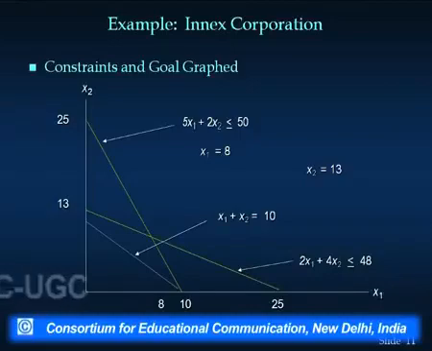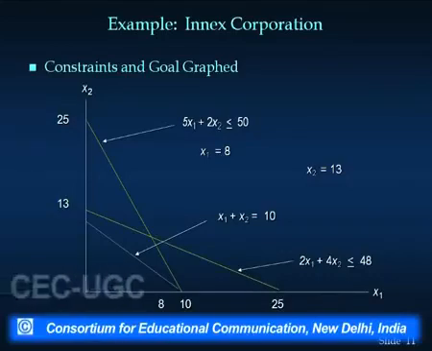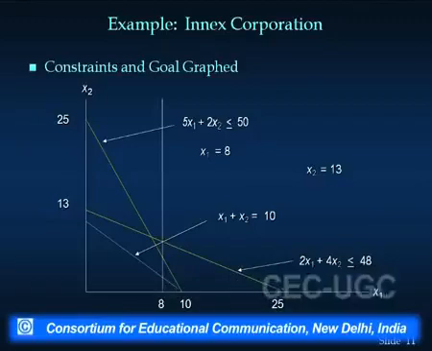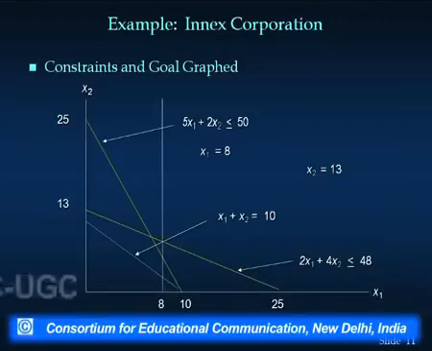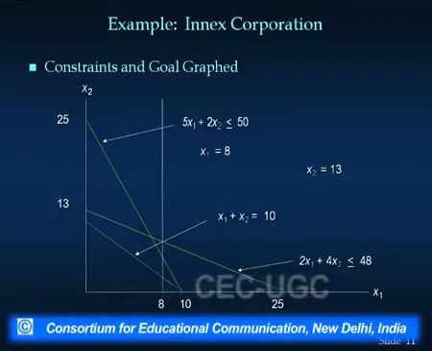Now we'll have the second goal. The second goal is nothing but x1 equal to 8. We want a minimum production of 8 units of product A. Now, how is this going to be marked with a straight line? Just see on the slide. A vertical line has been added on the x-axis showing 8 units of production. Now our total feasible region is further reduced.